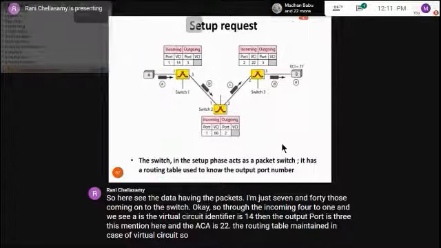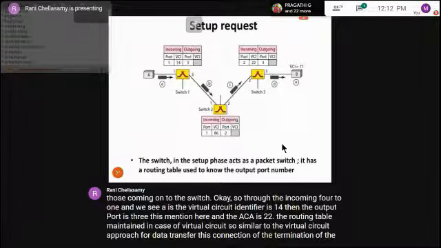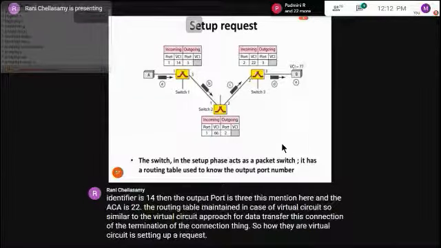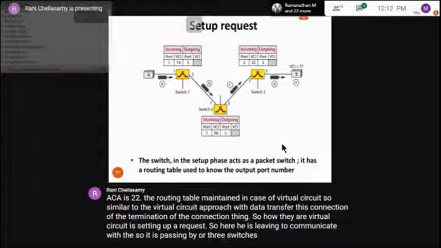So similar to the circuit switching network, the virtual circuit approach follows setting up a connection, then data transfer, then disconnection, that is the termination of the connection. Okay. So how is the virtual circuit set up by a request? Here A is going to communicate with B. So it is passing via 3 switches, switch 1, 2 and 3.